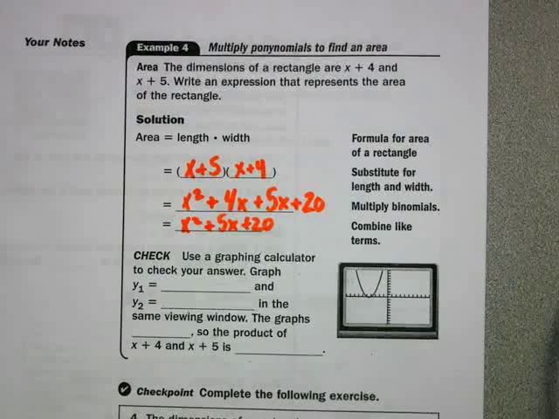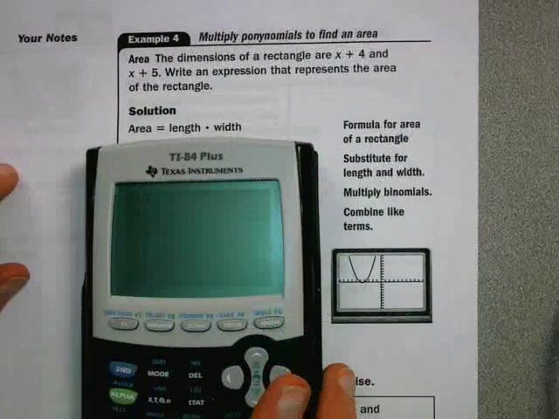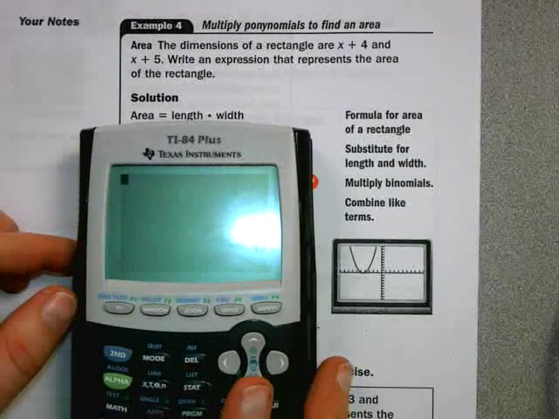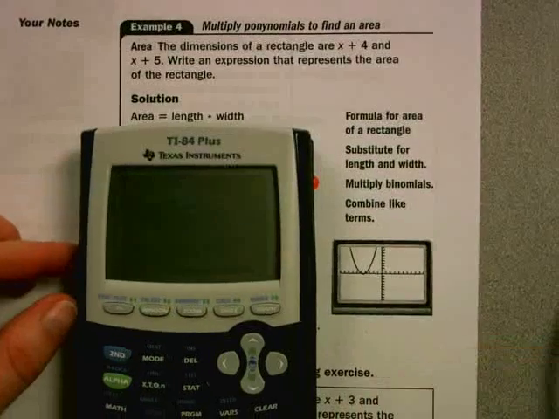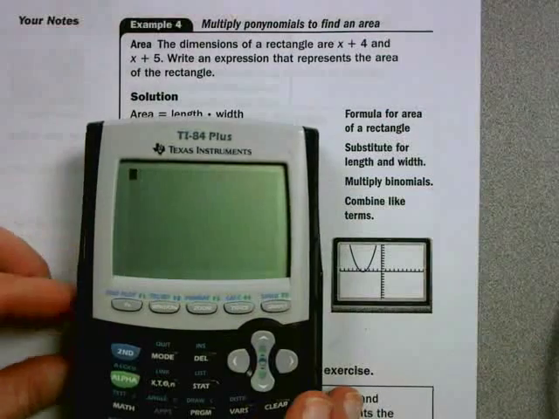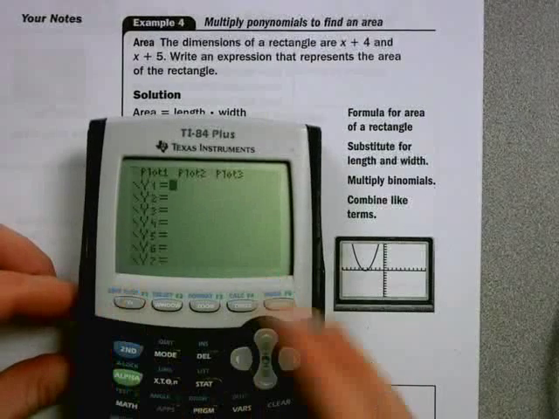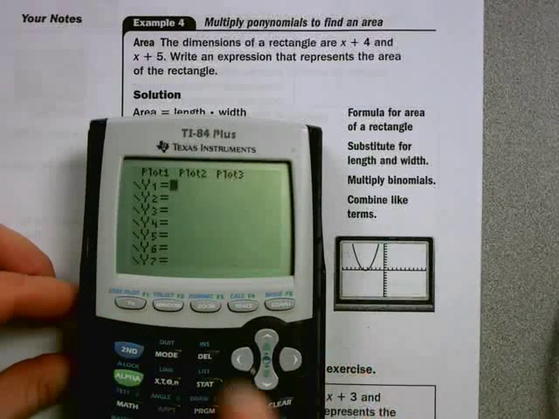Oh boy, we'll see if I can get this to show up without too much craziness on the screen. Let's see, that's not bad. All right, go to your y equals, clear it out if anything's in there, turn your plots off, all that good stuff, and you're going to put in the first one that we have here.